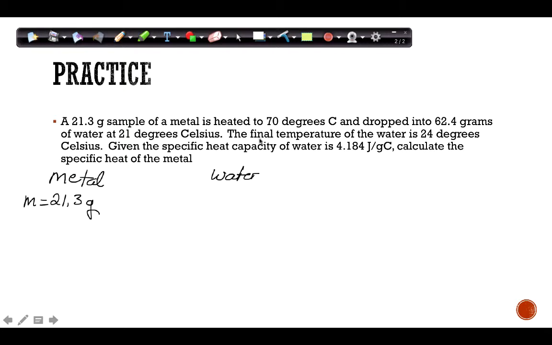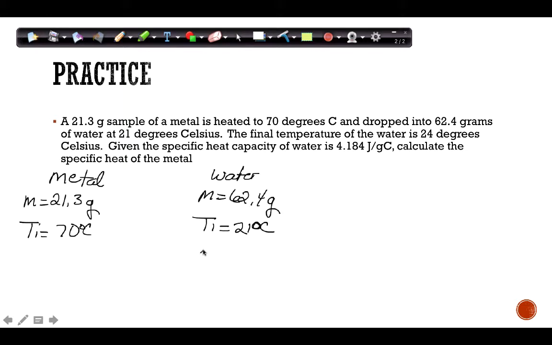So the water should heat up as the metal cools down. So its initial temperature is 70 degrees, because it was heated up to that and then dropped into the water. Let's see what else was given to me. Well, the mass of the water was given, 62.4 grams. The initial temperature of the water was given, it's 21 degrees Celsius.